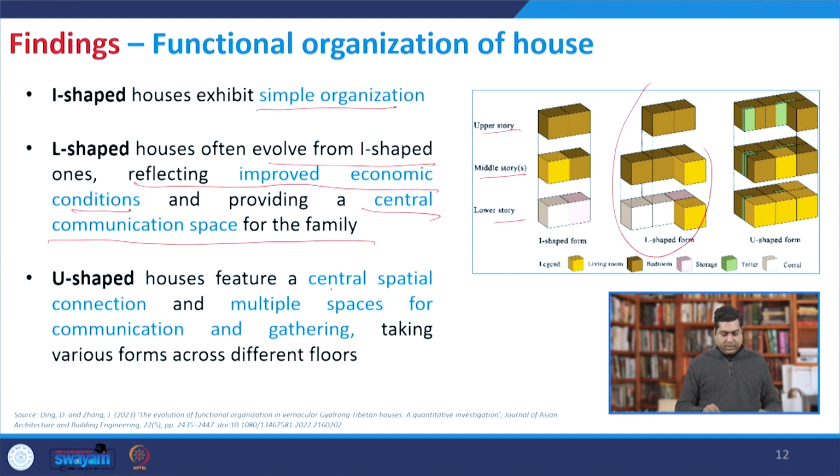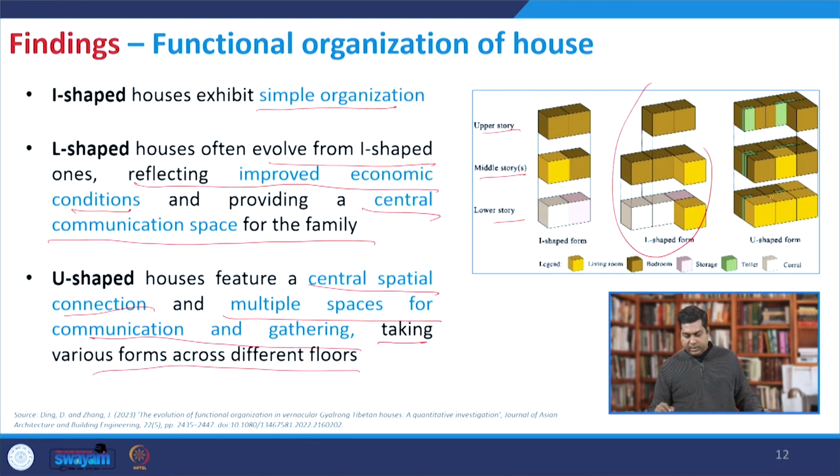U-shaped houses feature a central spatial connection and multiple spaces for communication and gathering, taking various forms across different floors. So, here you can see the addition of the toilet block, then you have some other living room that you can have here. So this is a good representation.